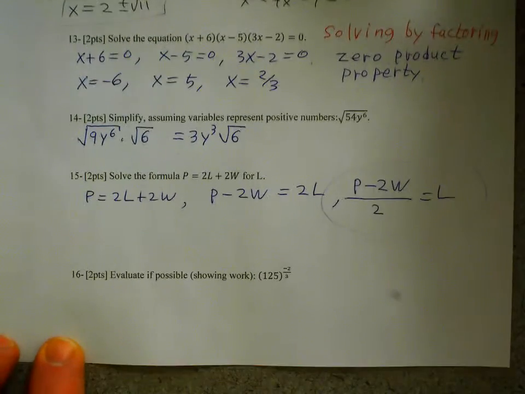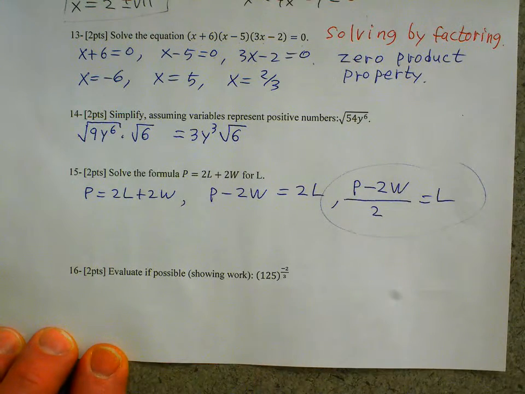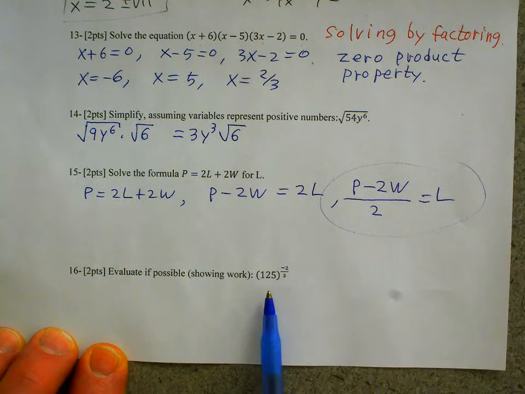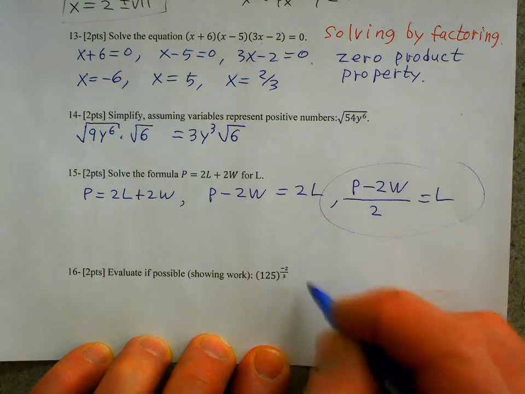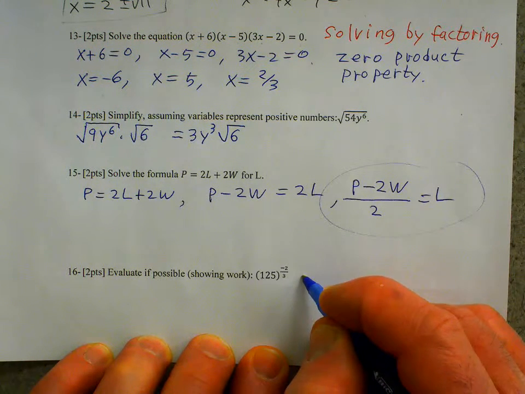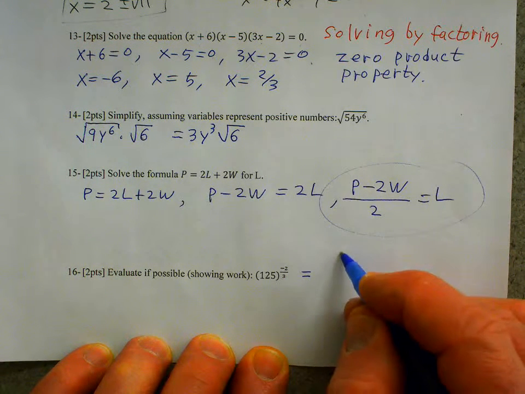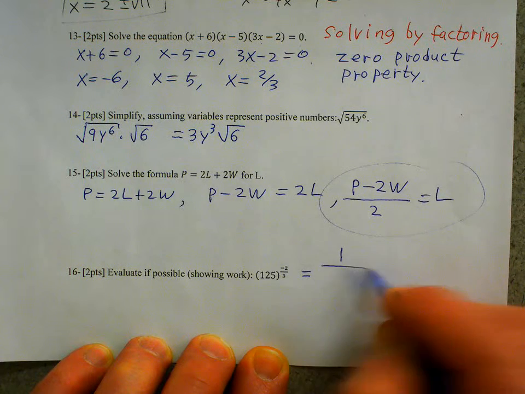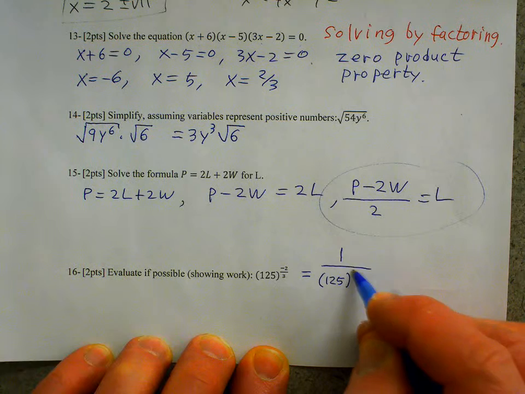Okay, the next problem, evaluate, if possible, showing work. 125 to the negative 2/3. So if you have a negative exponent, 125 to the negative 2/3, that's equivalent to 1 over 125 to the positive 2/3.